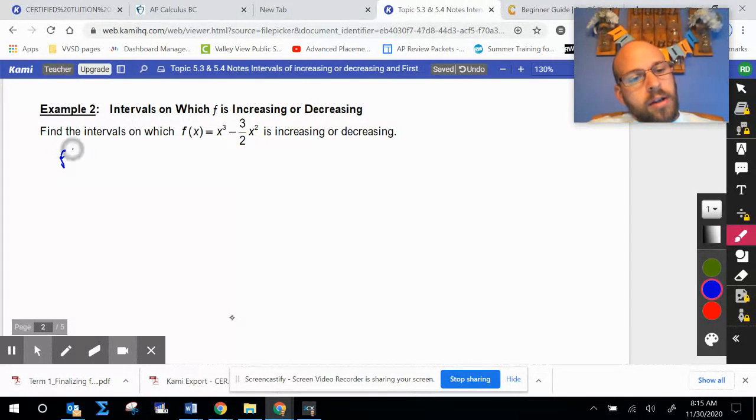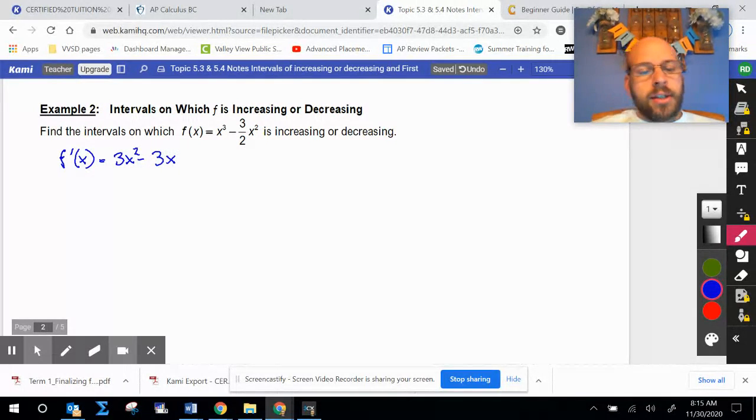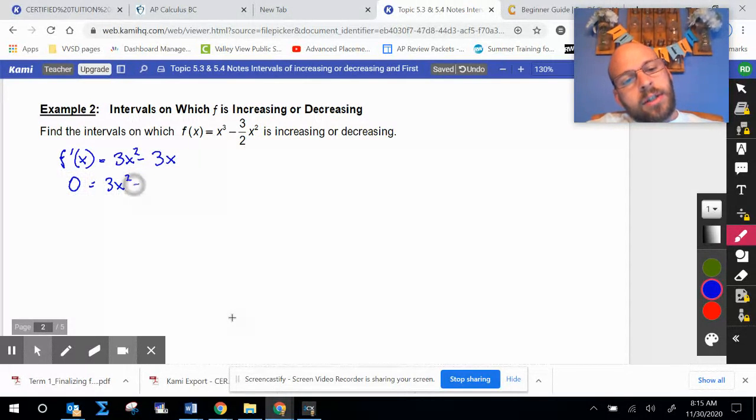So f prime of x, I like to label everything, is going to be 3x squared minus 3x. Because if I drop the 2 down, if I do a little power rule there, 2 times 3 halves is just a negative 3. And I want to find my critical points, so I want to know where that is equal to 0.